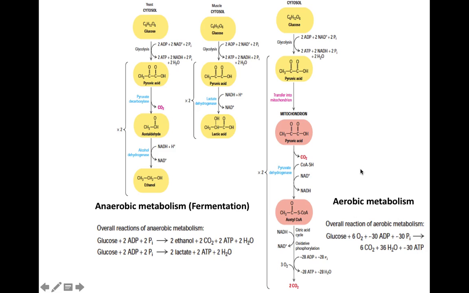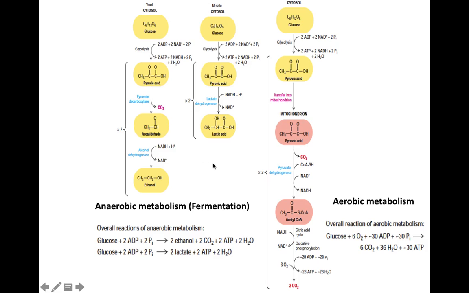So we're not breathing in enough oxygen, or not enough oxygen is being transported to the mitochondria. Because of the lack of oxygen, this metabolism is shifted from aerobic towards anaerobic metabolism.